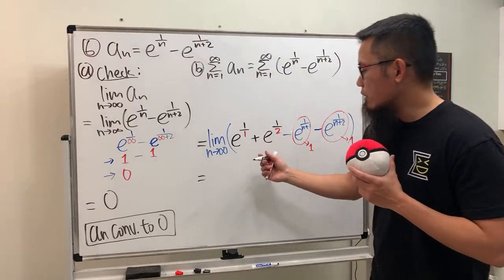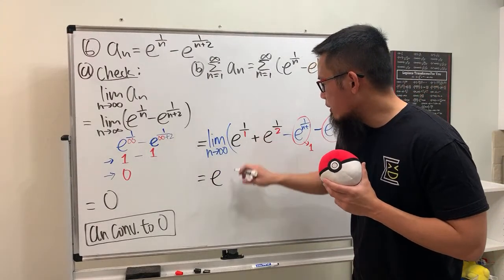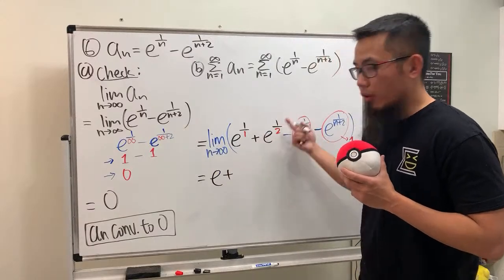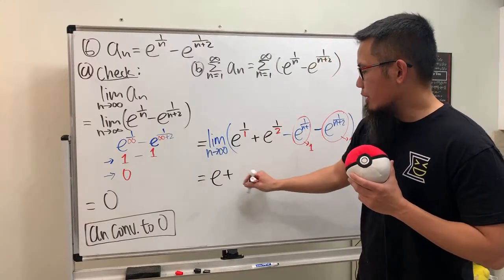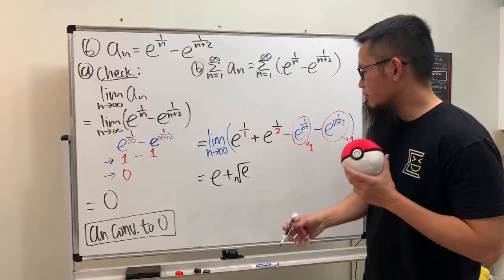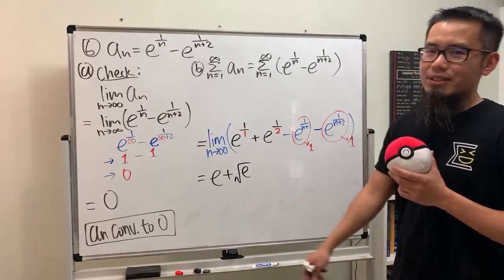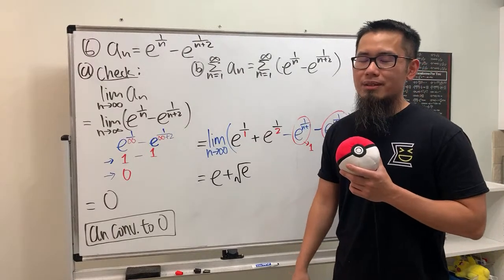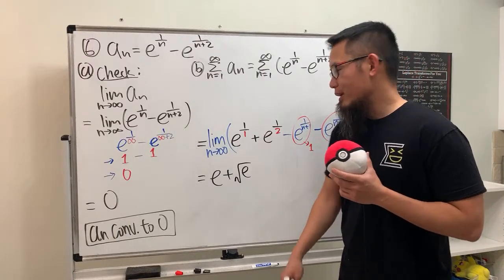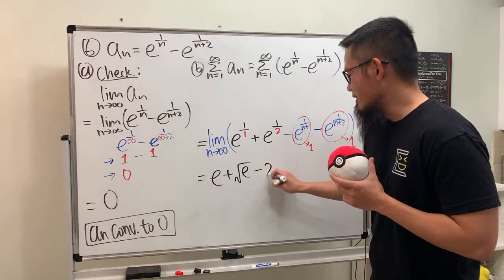So all in all, this is e to the 1st plus e to the 1 over 2. If you would like, you can write it as square root, be a little bit fancy. Minus 1 minus 1. Do not put that down as minus 1 minus 1, please. Write it down as minus 2.